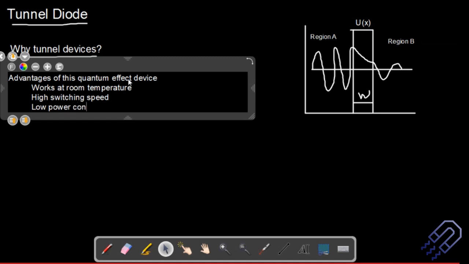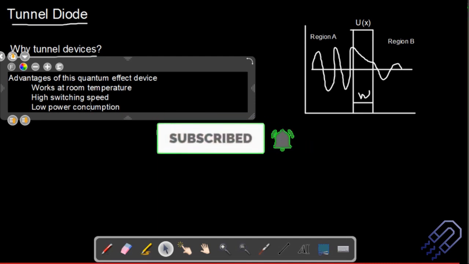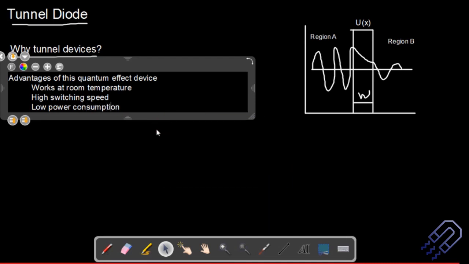Low power consumption is quite obvious, because whenever you have a device and you want to get current out of it, you need to apply some voltage. Initially we have the thermionic electrons, but if we have a process like tunneling, then in addition to that thermionic current we also get the tunneling current.